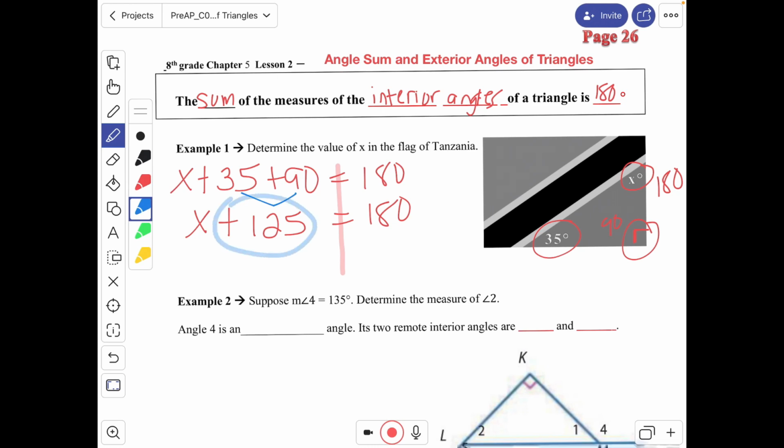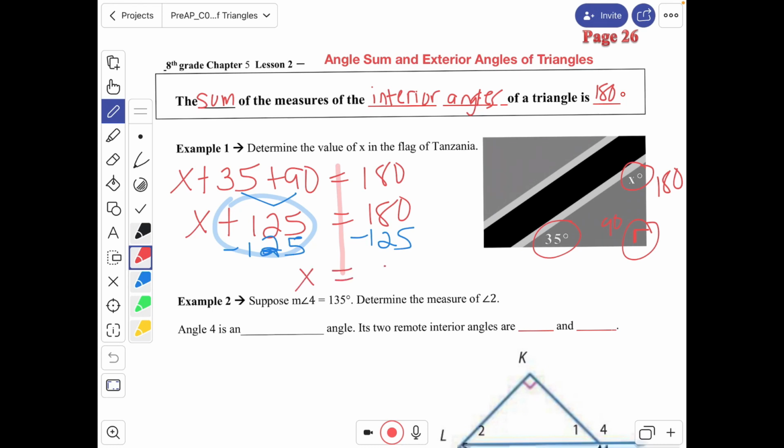We want to get x by itself, so we want to get rid of that. And the opposite of adding 125 is subtracting 125 from both sides. When I subtract, I'm going to get x equals 55. So this angle over here is 55 degrees.